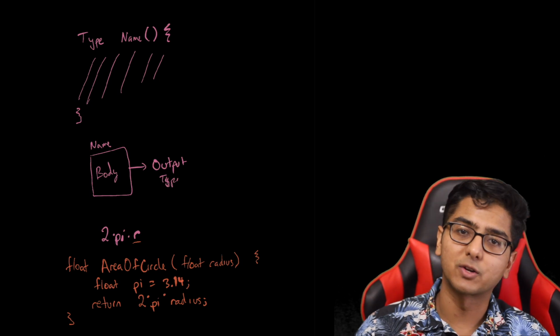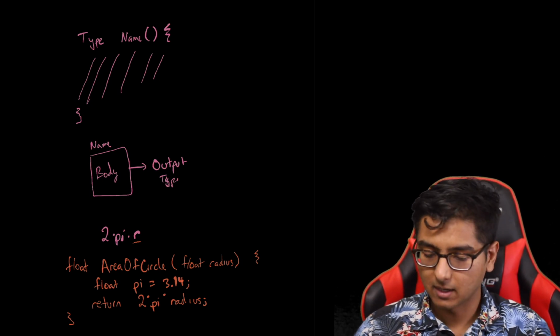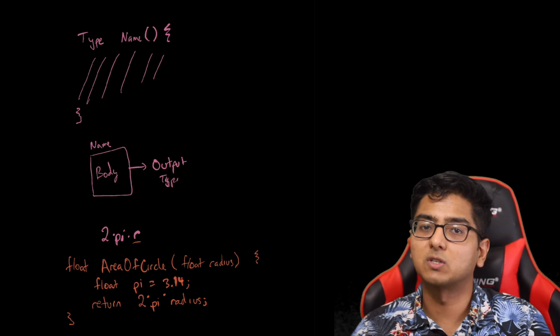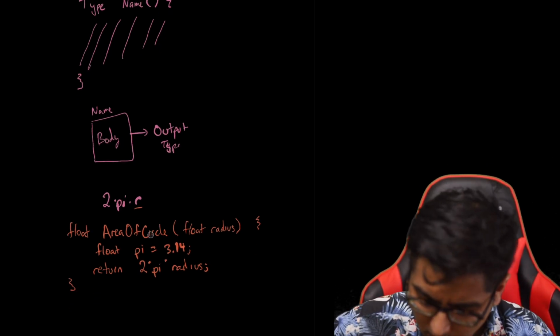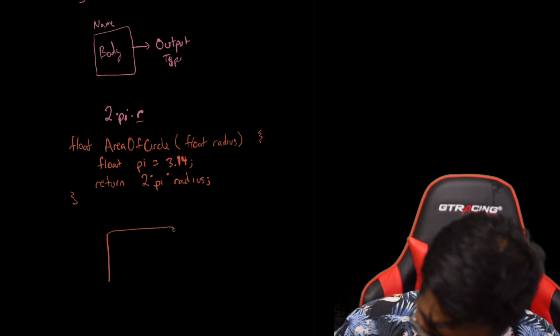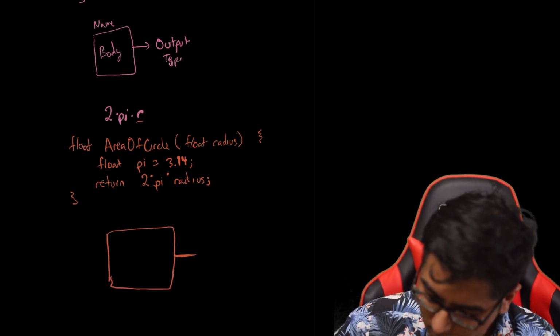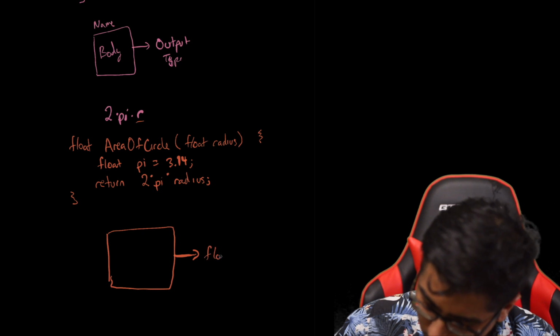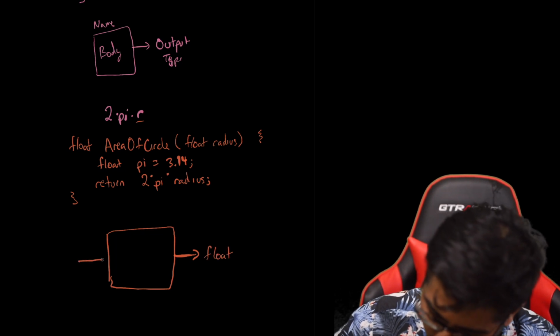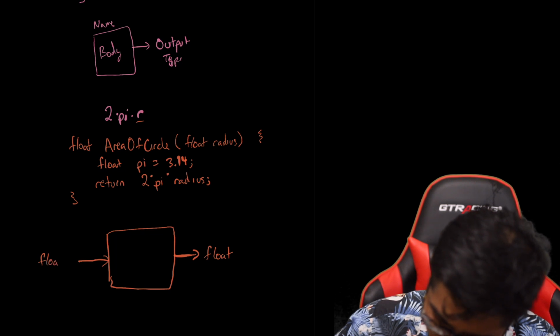The name of the function is area of a circle, and the only parameter it's going to take in is a radius, which is also a float. So this equates to me effectively having a box that is going to do the body of my function, but the only output is a float, and the number coming in is also a float.